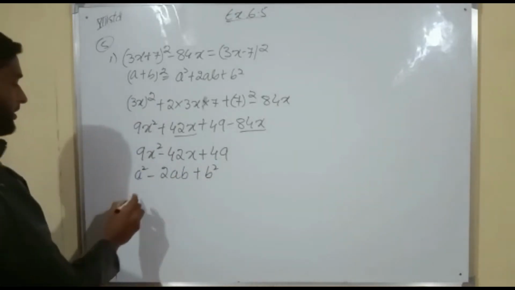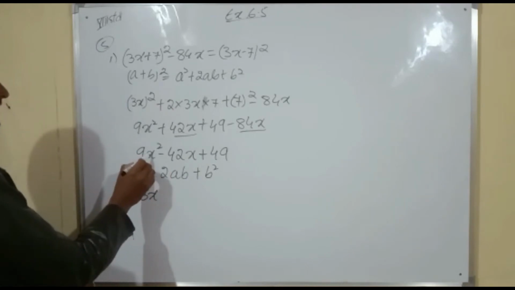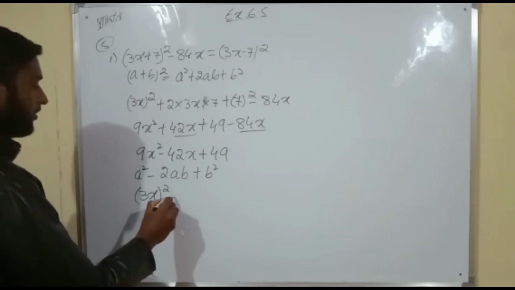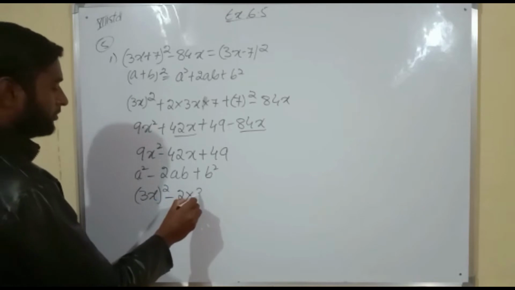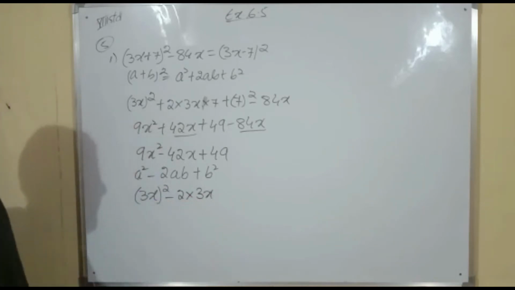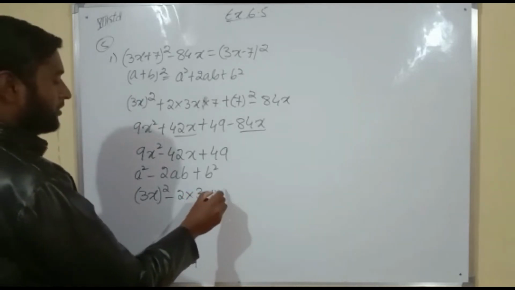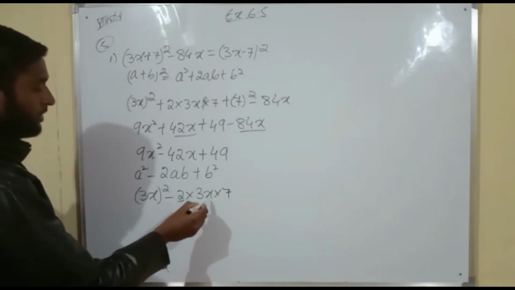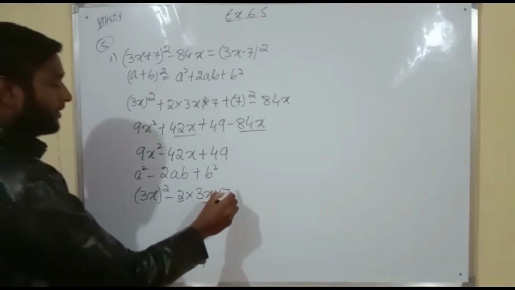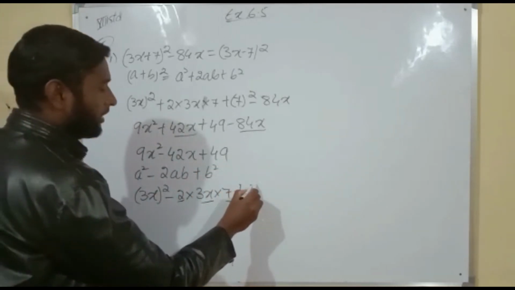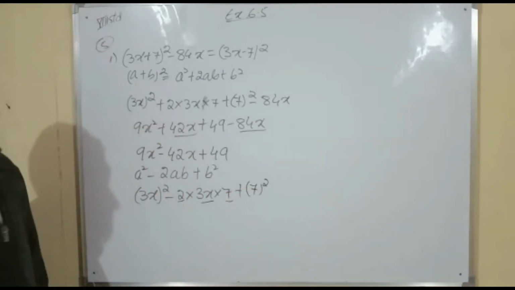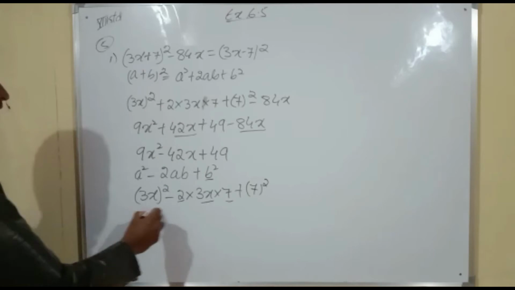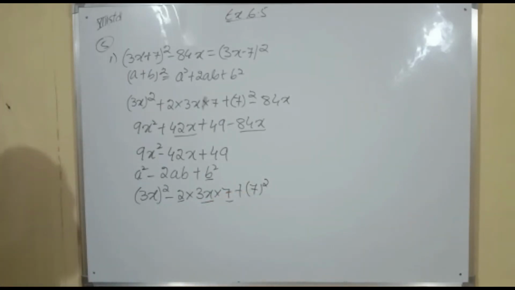Here, a square means I can write 9x square as (3x) whole square, minus 2 into 3x into 7, 2 3s are 6, 6 into 7 is 42x, that is 2ab, plus I can write this 49 as 7 square, because 7 square is 49, so it is nothing but b square. So I can write it in the form (a minus b) whole square.